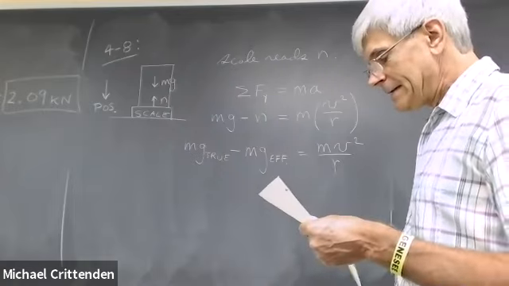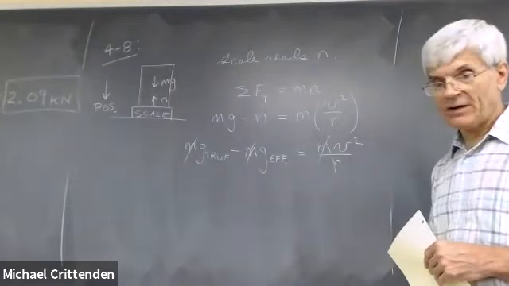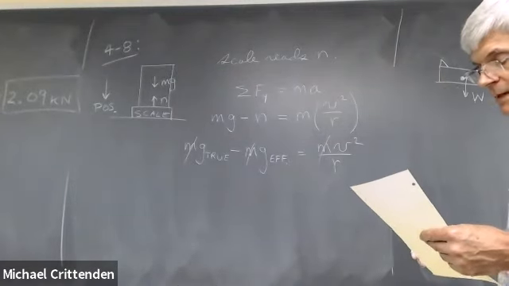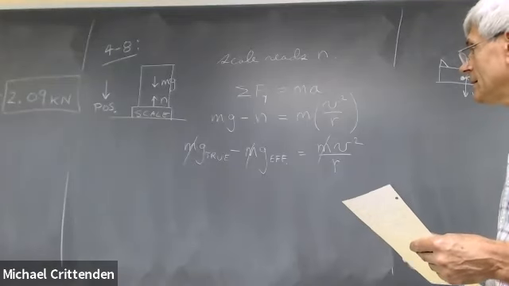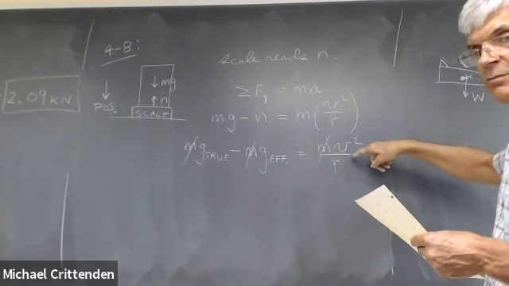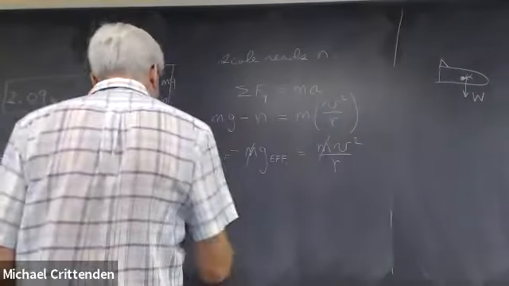Once I've done that, your mass drops out. And then rearranging things a little bit, I'll add g effective to both sides, and I'll subtract v squared over r from both sides.